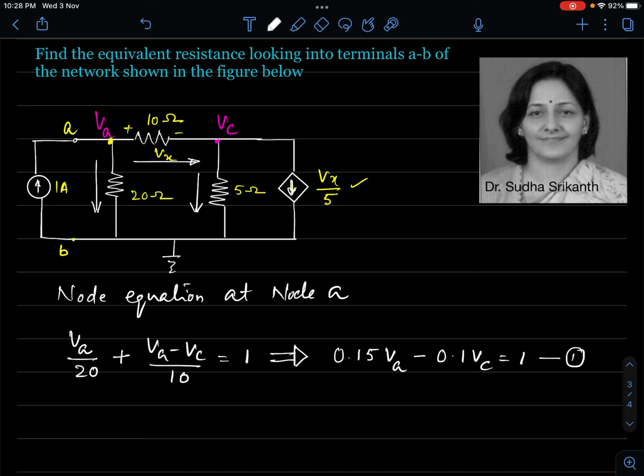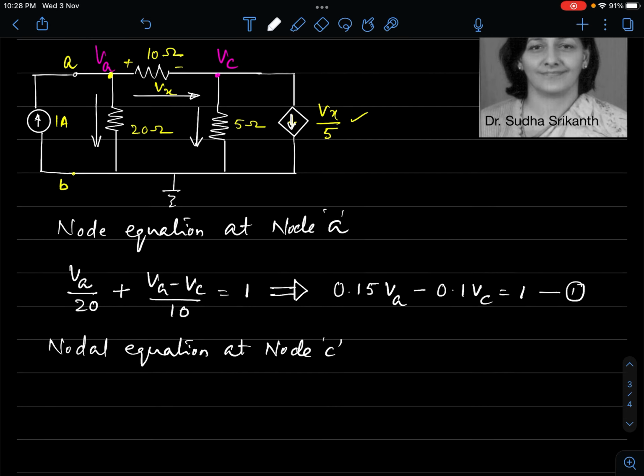Okay, I'll try to write one more nodal equation at node C rather. Node B is being grounded. This entire thing is node B. That is being grounded. That is at 0 potential. Now, what is the equation at node C?